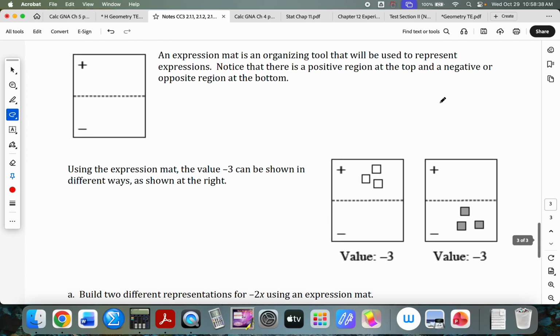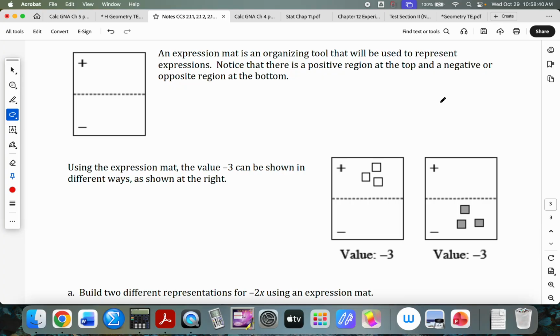One of the things that we're going to do pretty regularly over the next month or so is use different mats for tiles. This is called an expression mat. The top part is the positive region and the bottom part is the negative region, or the opposite region. Using an expression mat, there are 2 different ways you can represent -3.